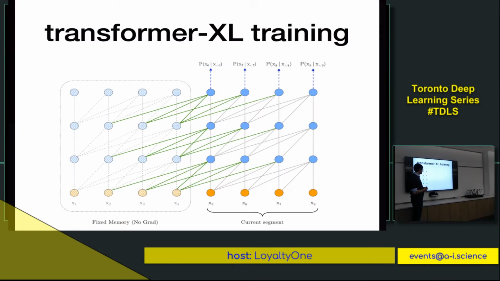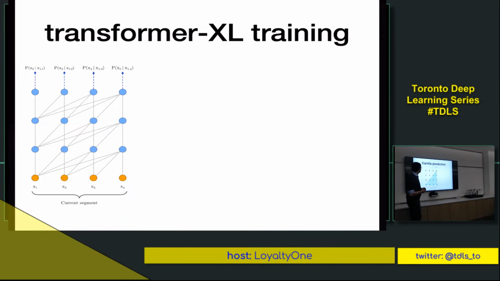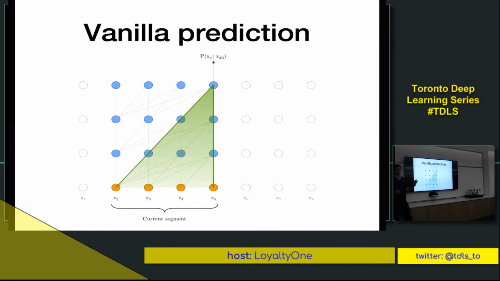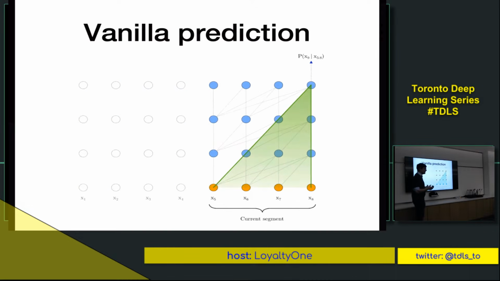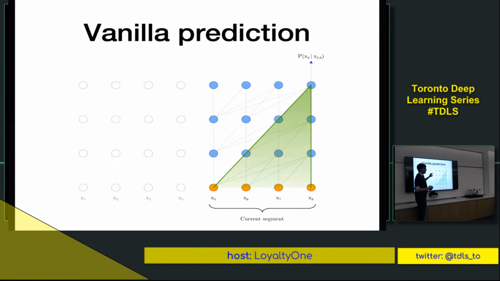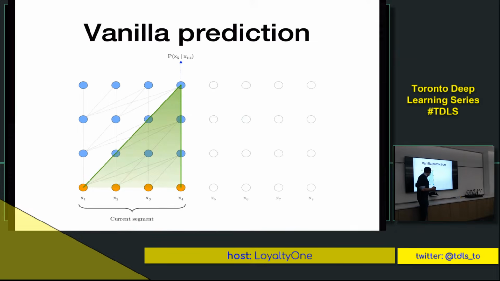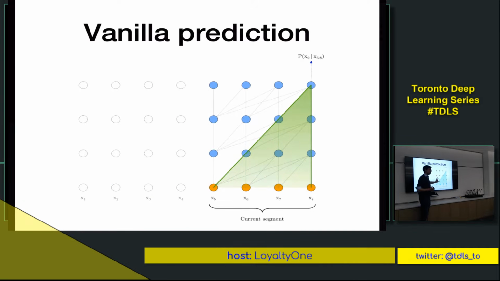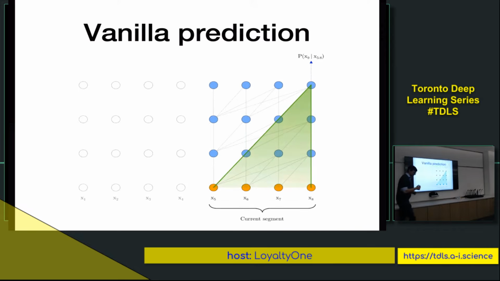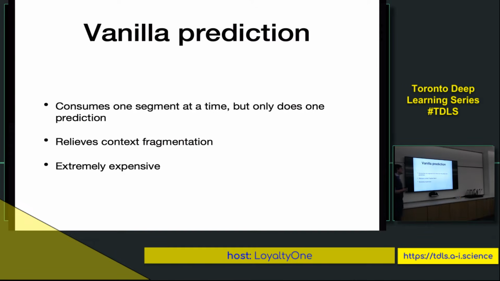So let's go after the model is trained and you want to predict a new position. In the vanilla step, you start at your first sequence and you predict the next token, and then you move on. You shift by one and you do it again, and shift by one, do it again. The problem is that you can only consume one segment at a time, and you only do one prediction.